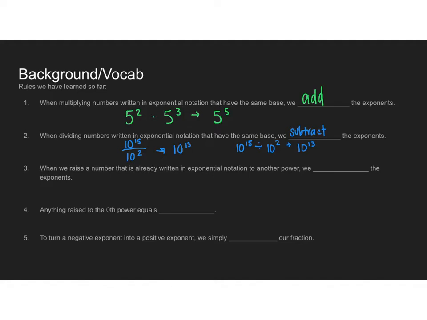Next one we learned is when we raise a number that is already written in exponential notation to another power, we multiply the exponents, sorry. So say I have 5 to the second power, and I'm raising this to the 5th power.